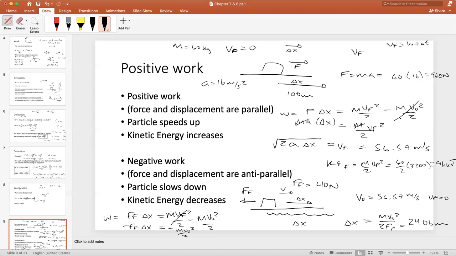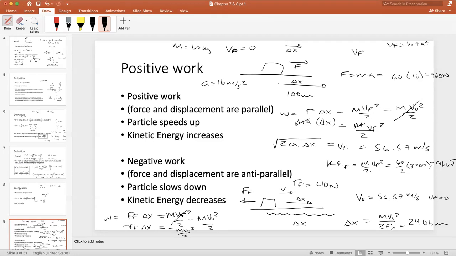Turns out you can do those with momentum easier, but for energy, you want to find out what distance you need to apply a force to get a given kinetic energy, which tells you the velocity. Right? And applying a force in the same direction does positive work, speeds up the object, increases the kinetic energy.